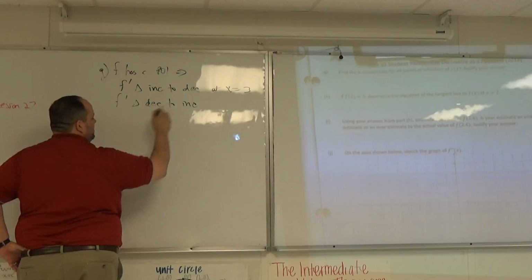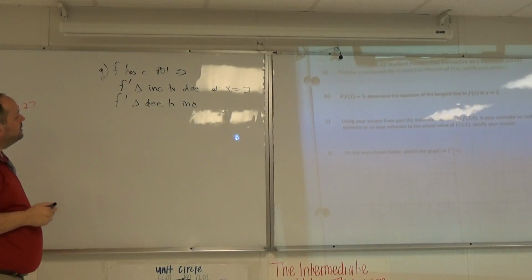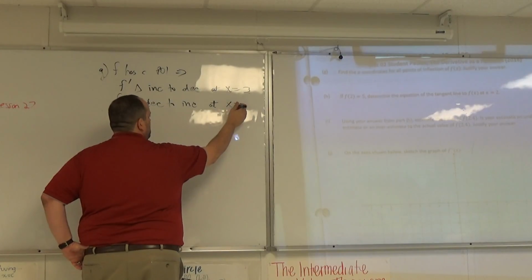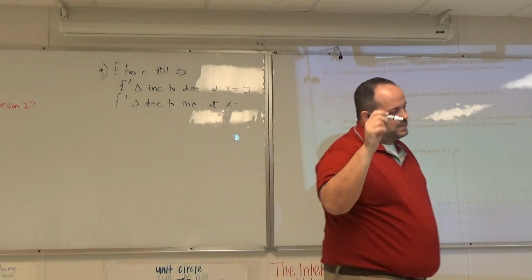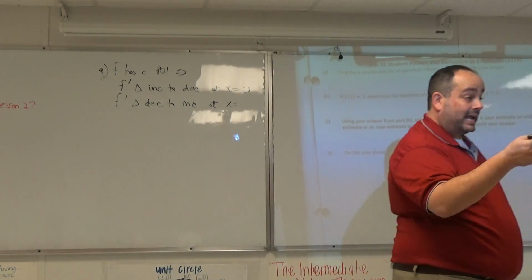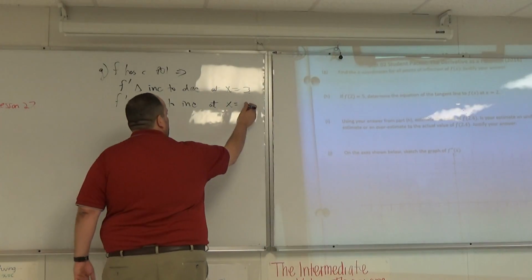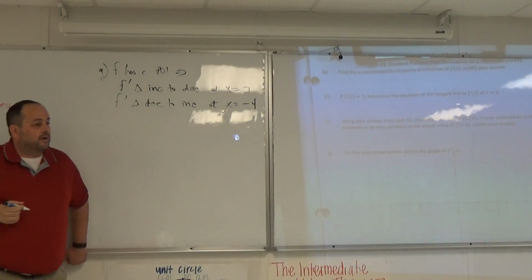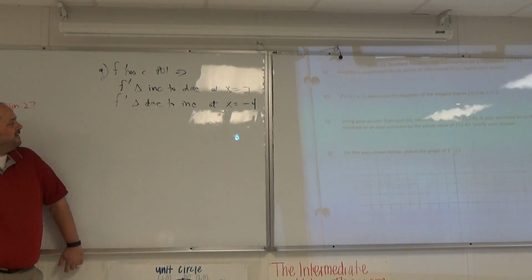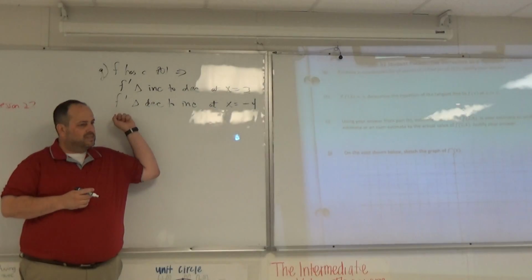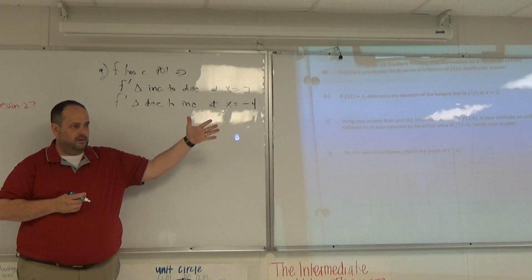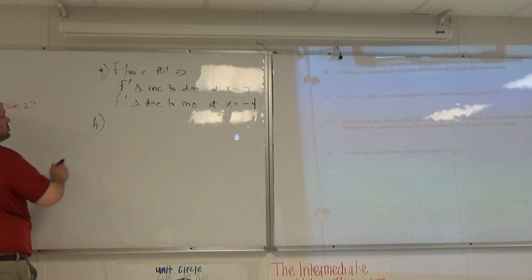Where does f prime make that change? At x equals -4. Now at x equals -4, there's something else that's happening. You know that the graph of f prime has a cusp point, but I'm not actually worried about that because I'm asking where is f prime changing from decreasing to increasing. That's all I care about. Pretty good.